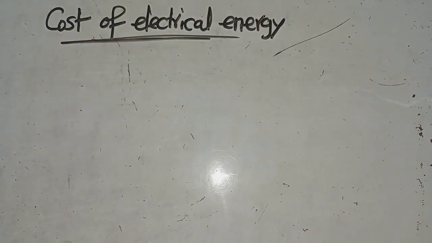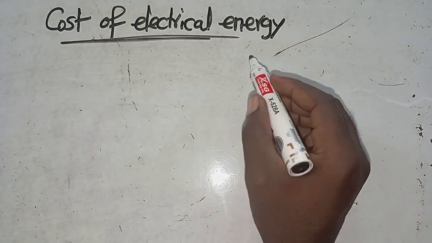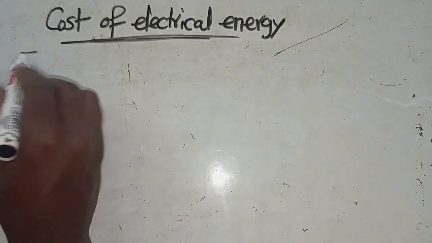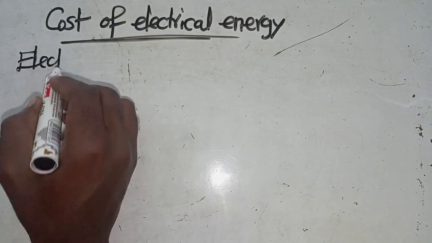When you use the electricity that is being supplied by ZESCO, you will need to have a meter. We call it the electric meter, isn't it? In the meter, you are going to find the units written.